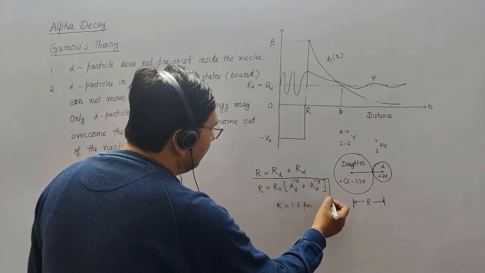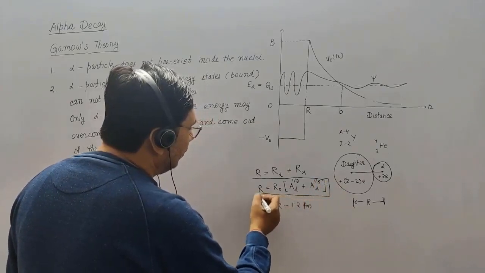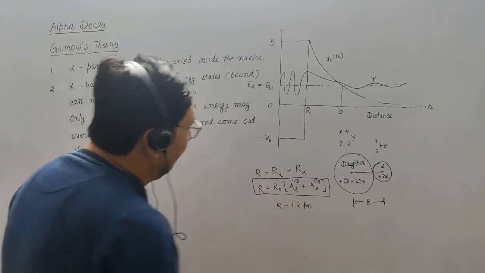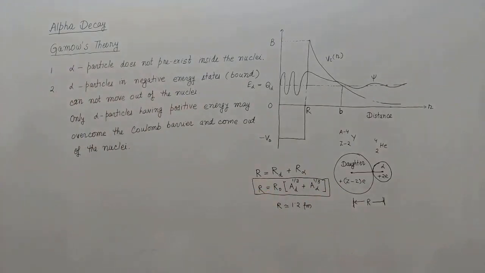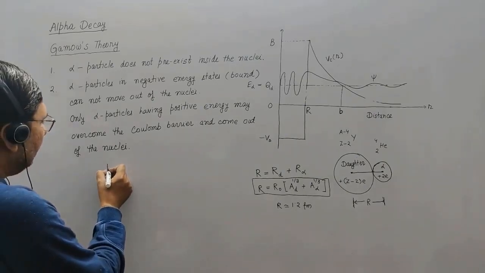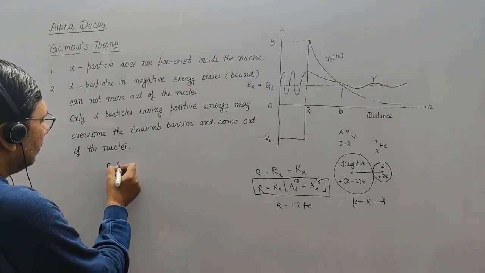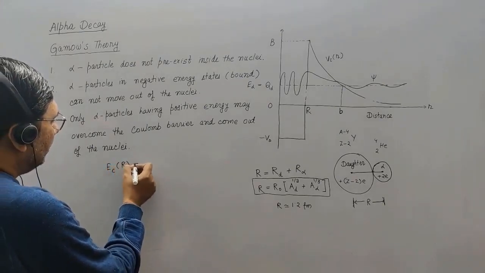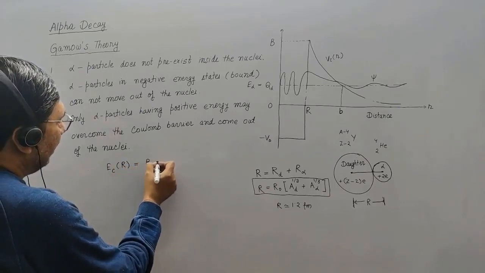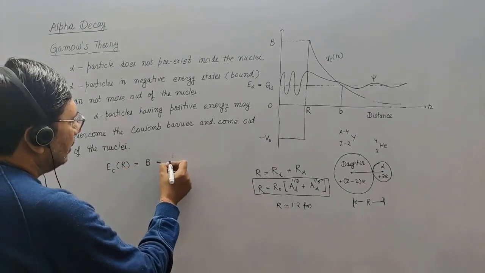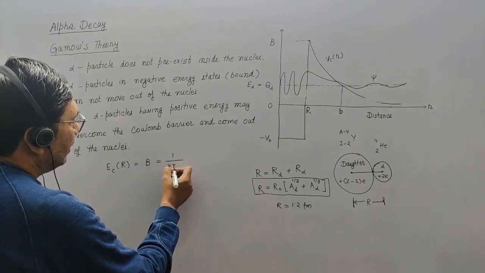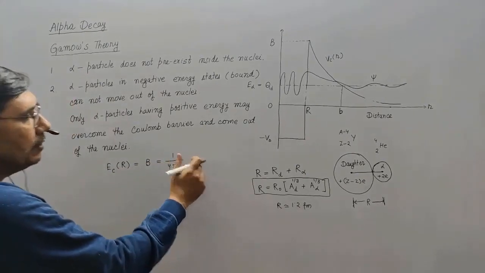So when the center of deuteron nuclei and center of this alpha particle is at a capital R distance away, at that point we can calculate this Coulomb barrier potential. So what will be the Coulomb barrier potential? It will be E C R, and this will be equal to B. Its value will be 1 upon 4 pi epsilon naught, multiply Q1 and Q2.